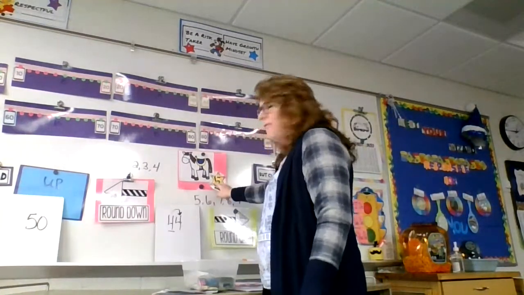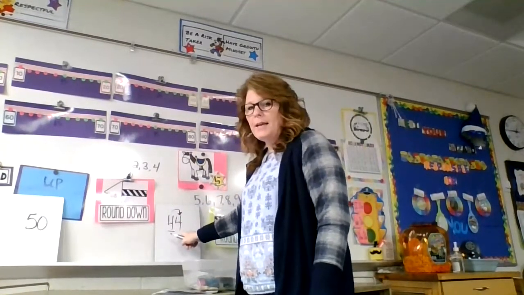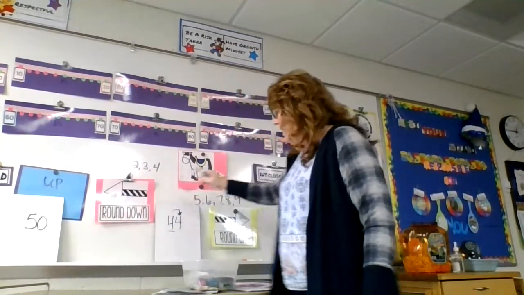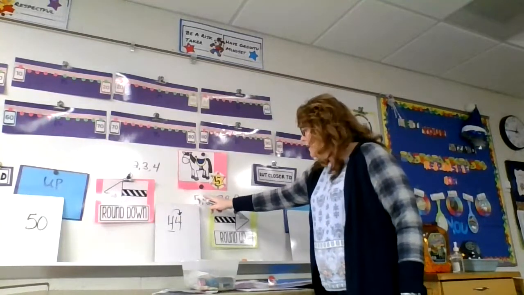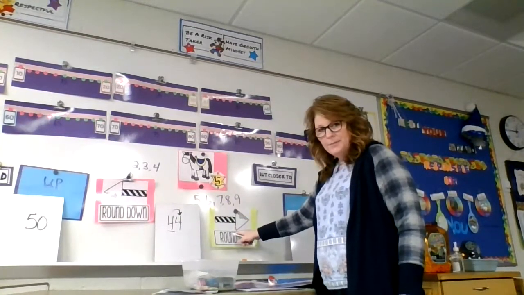In this case, the neighbor is in the ones place. And our landmark number is the number 5. If the number in the ones place is 0, 1, 2, 3, or 4, we round down. If the number is 5, 6, 7, 8, or 9, we round up.